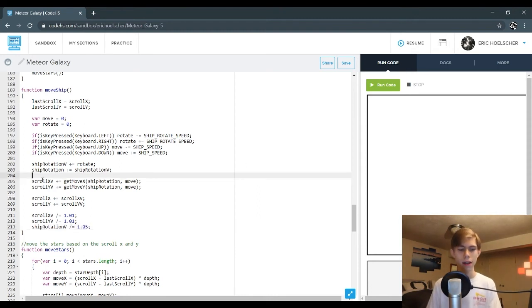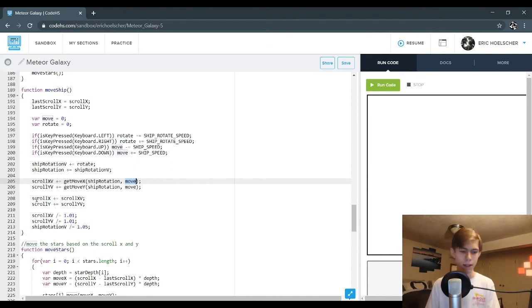So now what we've got here is we're changing the rotation velocity and then adding that velocity to ship rotation. We're changing the scroll X and scroll Y velocity, and we're calculating how much it needs to move on the X and Y axis using the get move X and get move Y. Those get the ship rotation, which is the same as that variable, and then the move amount from where the keys are pressed, so if we're moving forwards or backwards based on the up or down arrow keys.